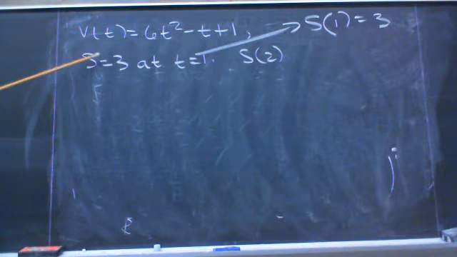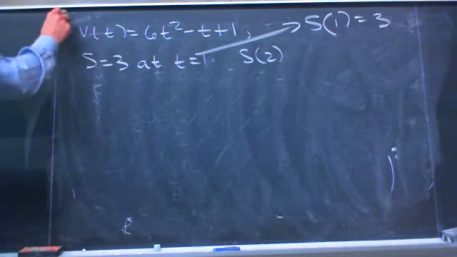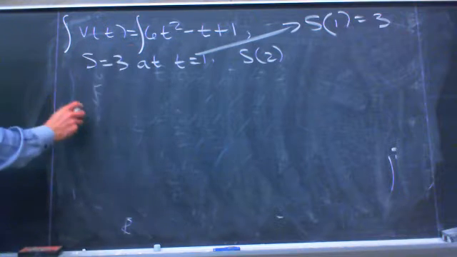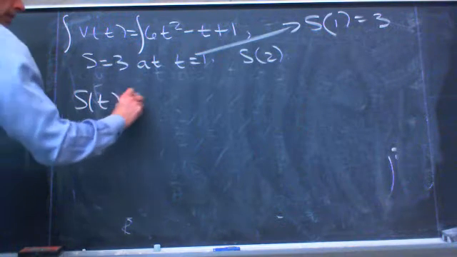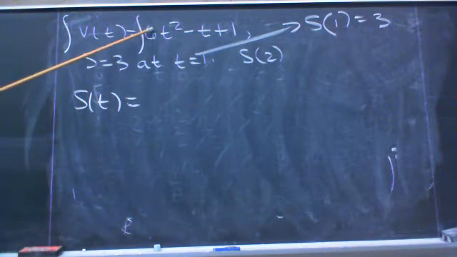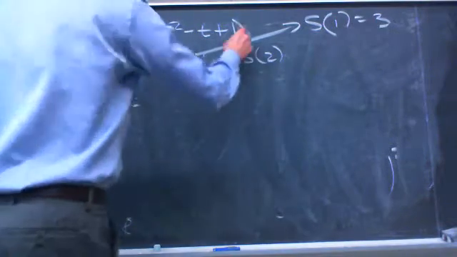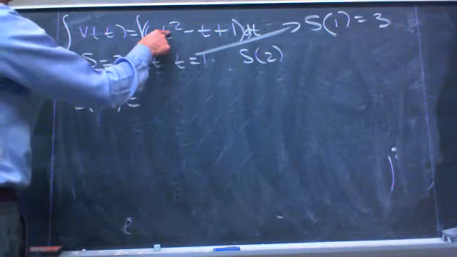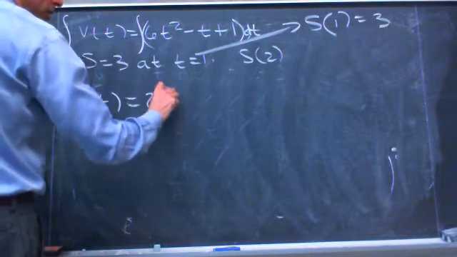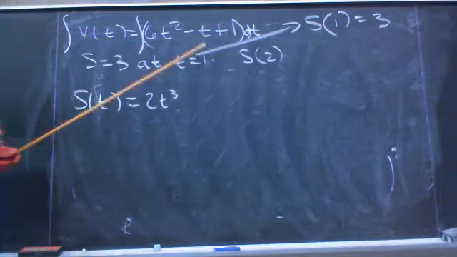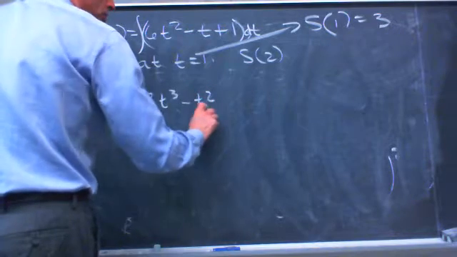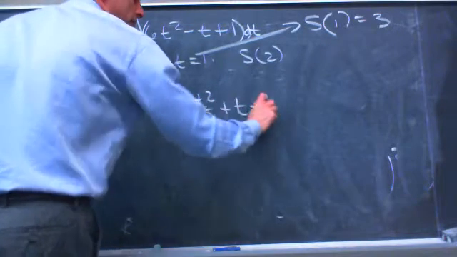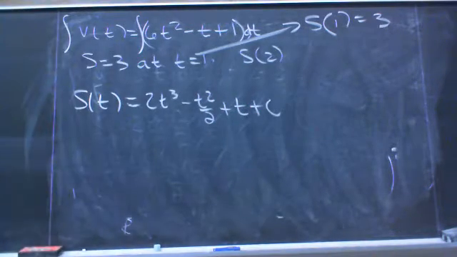It's the initial condition. So the antiderivative of velocity is position. So S of t equals, increase the powers all by 1, and we should put a dt here. So t cubed over 3 would be 2t cubed minus 3t squared over 2 plus t plus c. Okay?